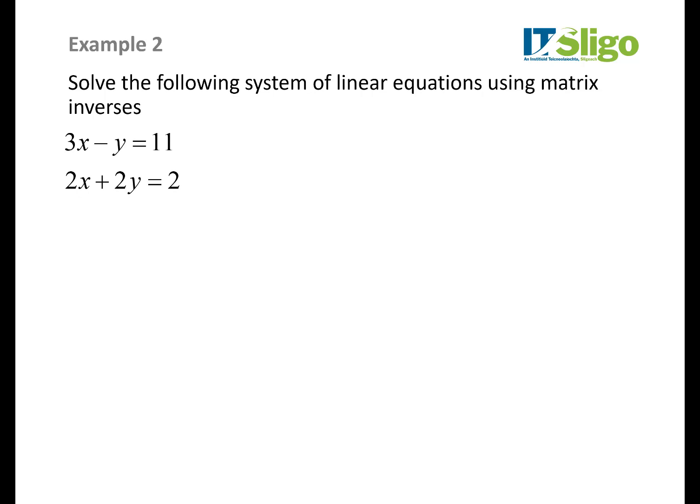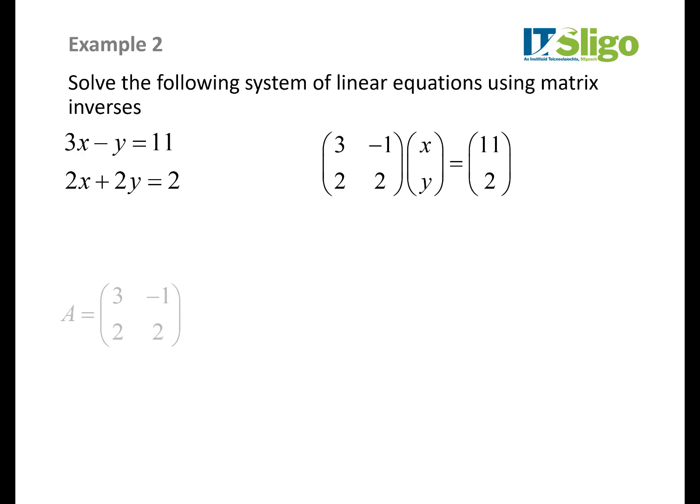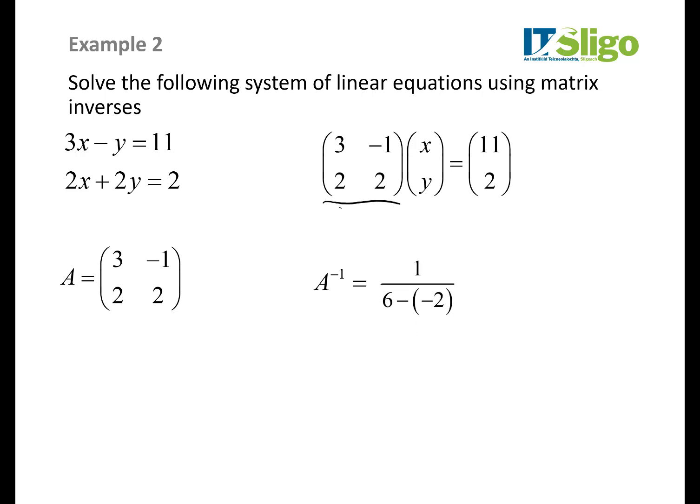So we take a look at another example. Now here's my system of matrices. First thing I want to do is find the inverse of this matrix. So, sorry, I'm moving ahead.